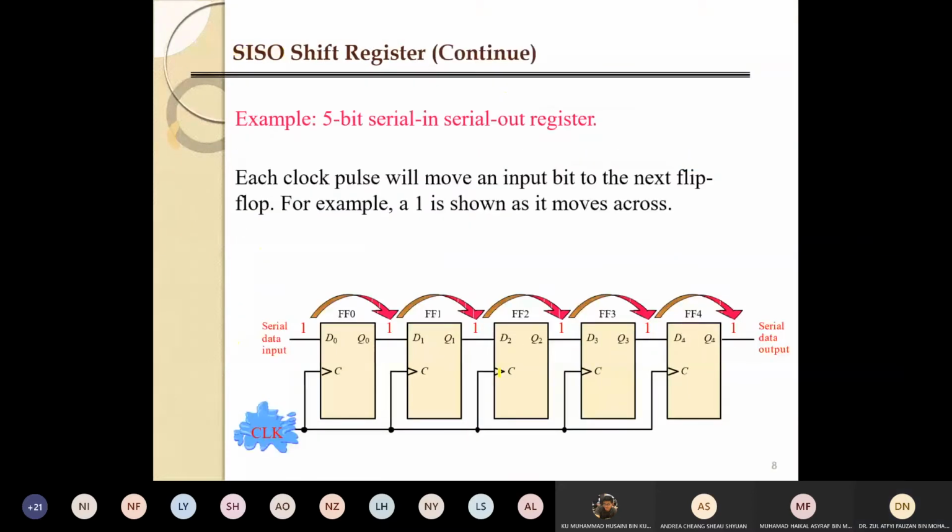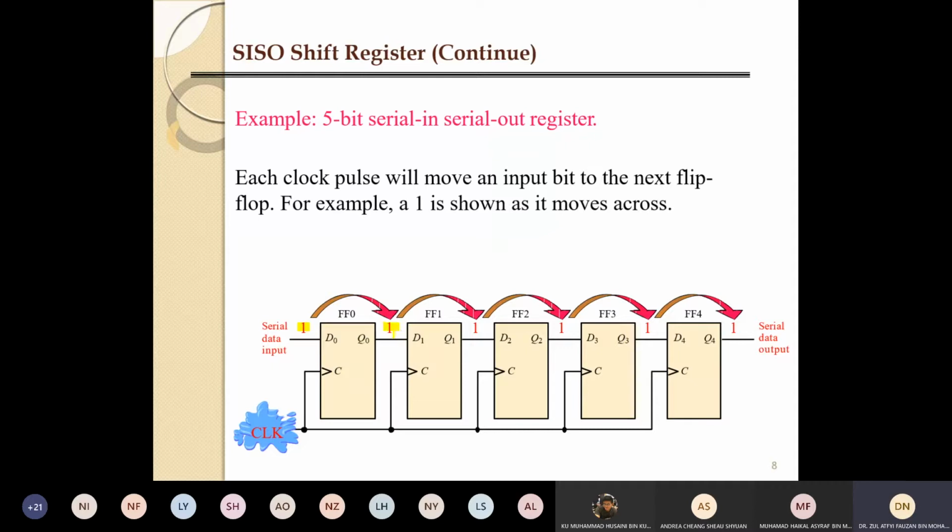Okay, so example, 5-bit serial in, serial out shift register. Each clock pulse will move an input bit to the next flip-flop. For example, a 1 is shown as it moves across. First we have data 1, and during the first clock, this data 1 will move to here.